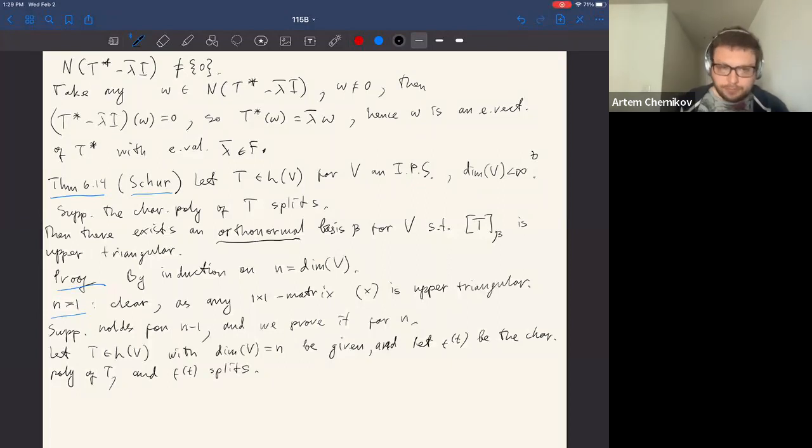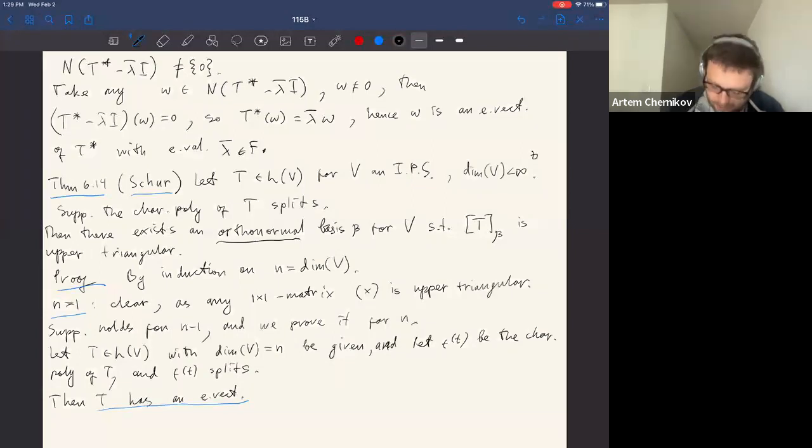So first of all, the first claim is that T has an eigenvector. This is the very first claim that we can deduce from this situation.